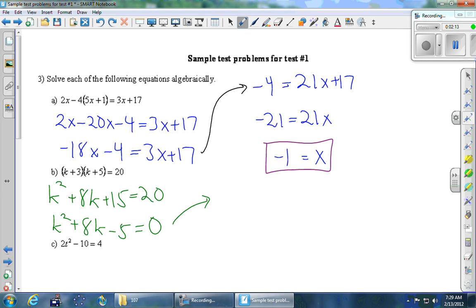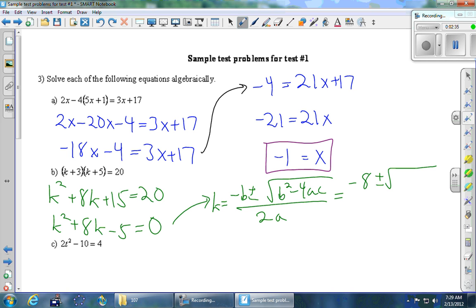So normally the quadratic formula says x equals and then the negative b plus or minus all that. In this case, it's not x equals, it's k equals. Okay, so we start plugging these things in. We get -8 plus or minus square root of 8 squared minus 4 times 1 times -5, all divided by 2a, 2 times 1.